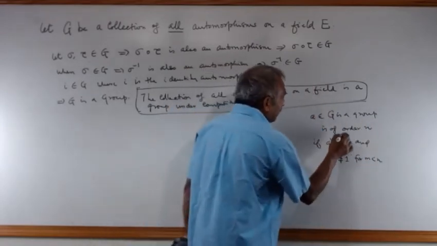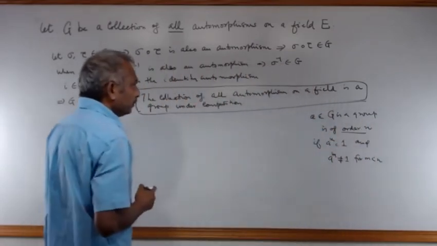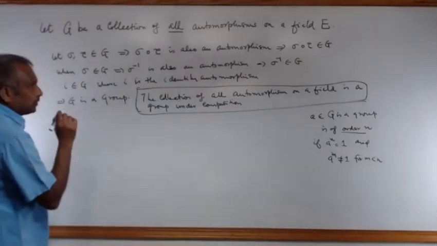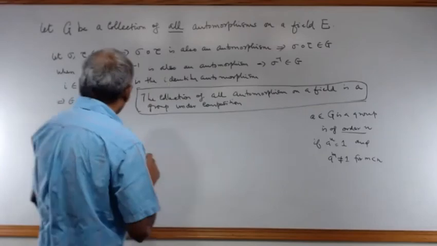So that is a definition of order. So let us consider an automorphism and find out its order here.